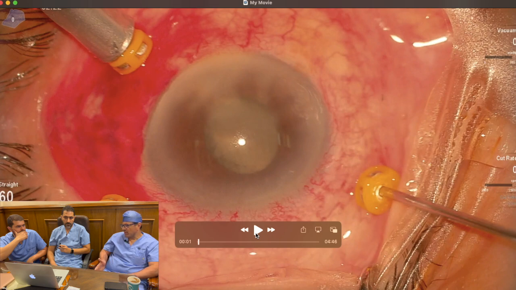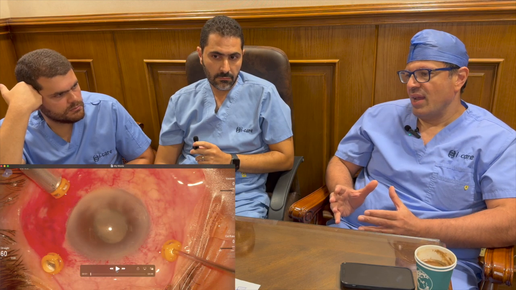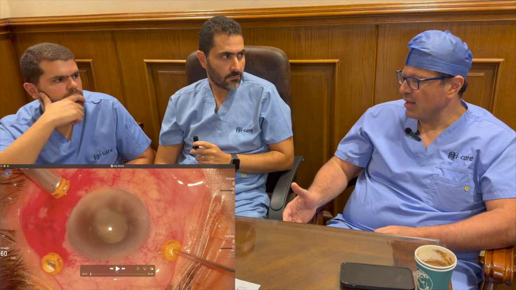Then we would see them at 24 hours, but usually, unless we feel that this is a strep or a gram-negative, and usually these would present very early, we would see them again in 48 hours. Then we need to make a decision whether this patient is improving, whether the inflammation is improving or not. That's very critical. And if it's not, or we're not sure, then we proceed with vitrectomy and another injection.